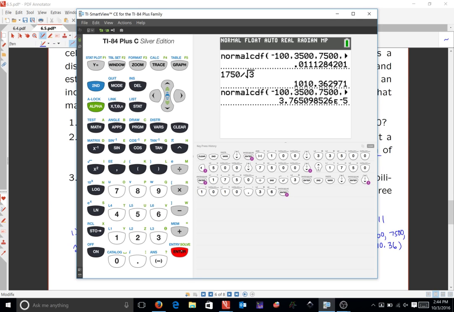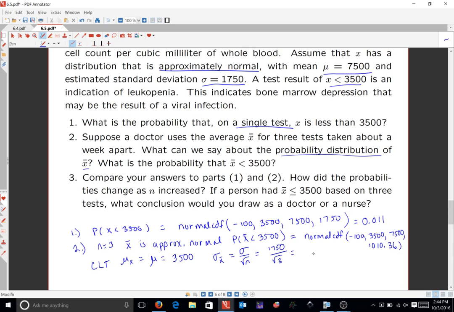What does that negative 5 at the end mean? I got 5 zeros in front of that 3 after the decimal place. But if I want to round it to 3 decimal places, what's my answer? 0.